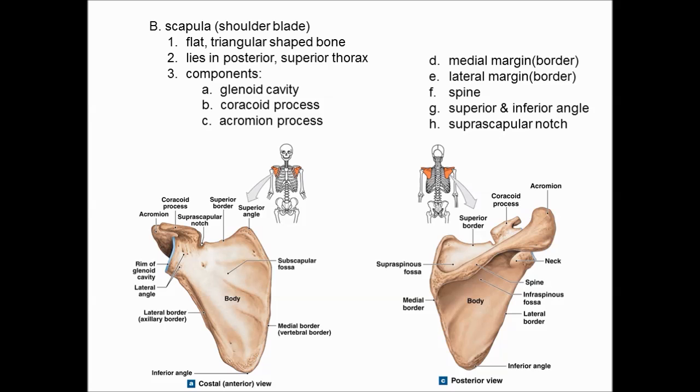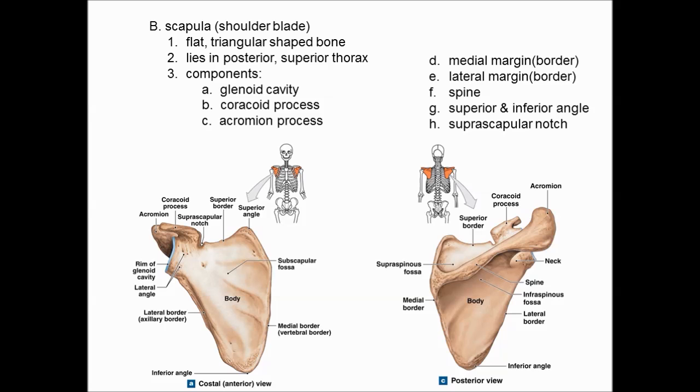The spine is a process that extends from the posterior side outward, kind of a rib that extends out from the scapula. And the 2 large points are called angles. So the most superior part of the scapula is called the superior angle, and then the inferior angle is the most inferior part.